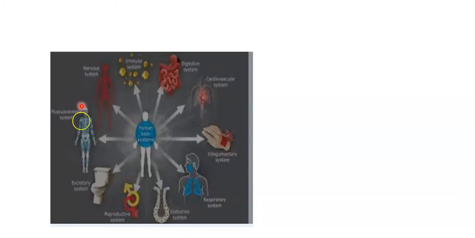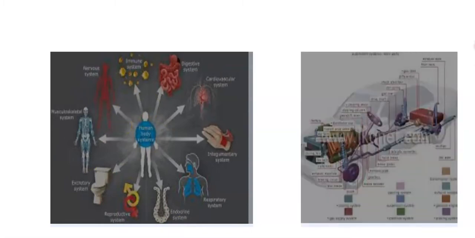All these systems working together are the ones making the human body an individual. Or look at a vehicle as a system, comprised of different systems: the fuel system, the braking system, the steering system, the cooling system. When all these systems perform their role correctly, then the vehicle will move.